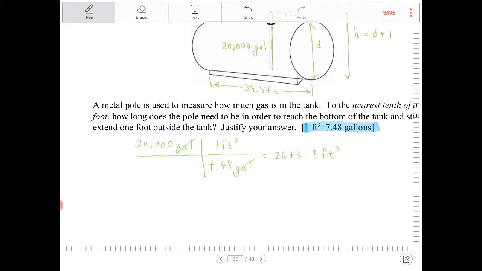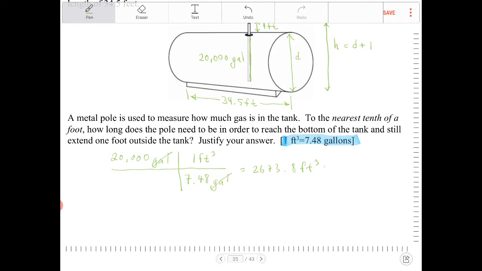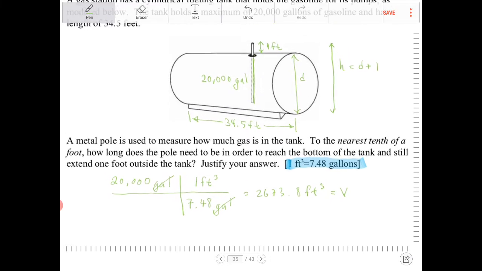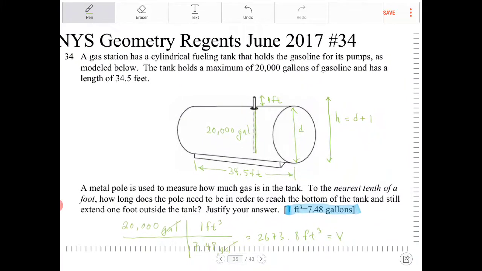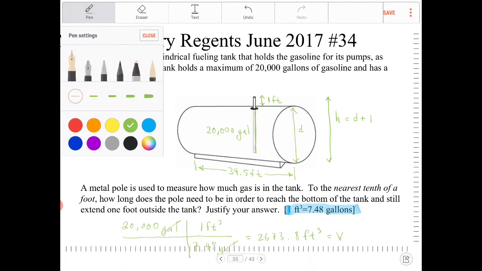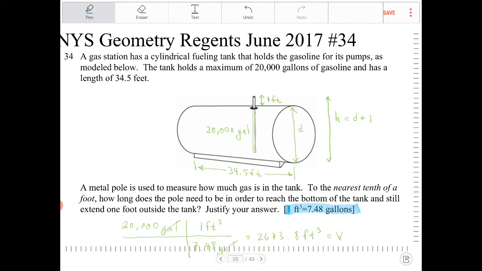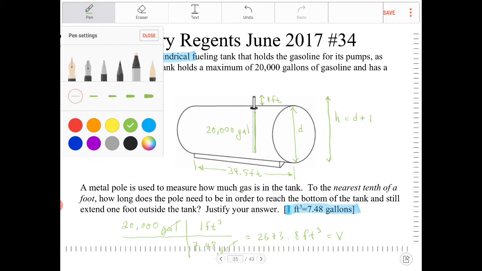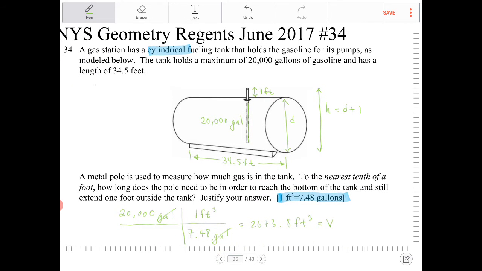This is the volume of the tank in cubic feet. The problem says we're modeling the tank as a cylinder, so the volume of a cylinder is pi r squared times h. I don't know what the radius is.